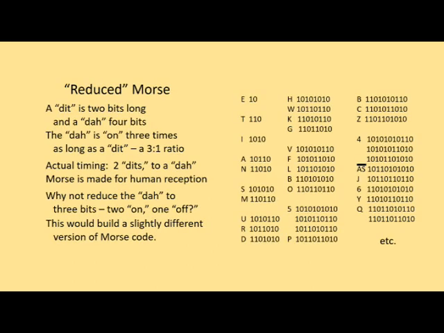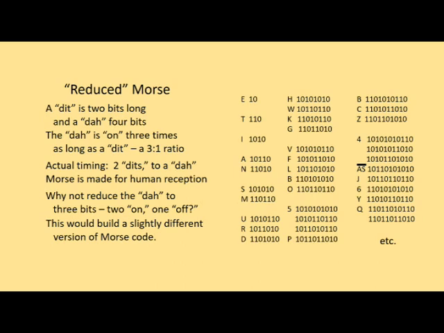Morse could be reduced. The standard Morse has a dit 2 bits long and a daw 4 bits long. The daw is only 3 times as long as the dit, a 3-to-1 ratio. In actual timing, it takes 2 dits to a daw. The 2 dits would occur in the same time interval as one daw.